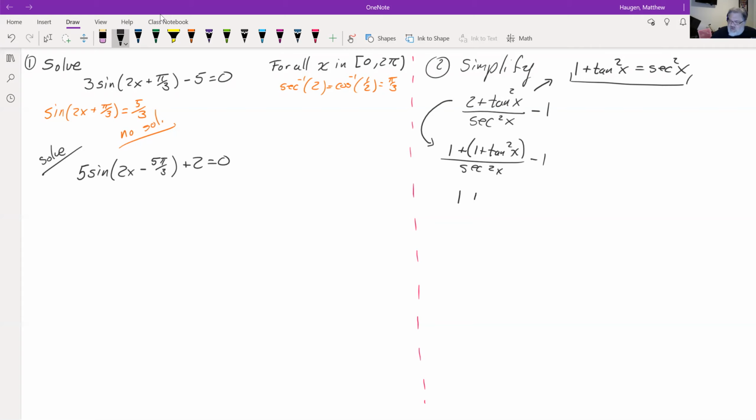So 1 plus secant squared x over secant squared x minus 1. That's a fairly reasonable start. Wiggle your fingers and say the magic words. Abracapythagorean identity. Those magic words. What do you want to do next?